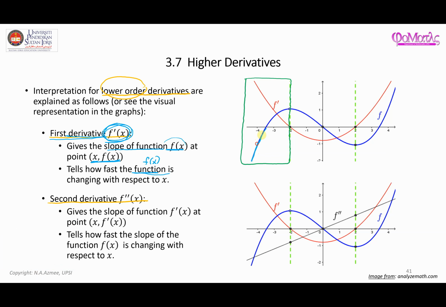Here, if you look at the graph of this function f(x), the graph is moving upwards, and at one point here it is going to reach the local maximum point. If you are able to construct the tangent at every specific point, for example at this point here, the tangent is like this.